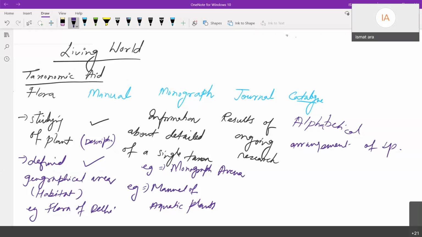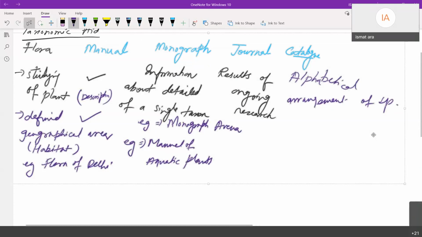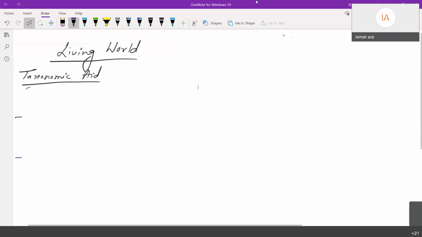Friends, our next topic, students, is herbarium. What is herbarium?